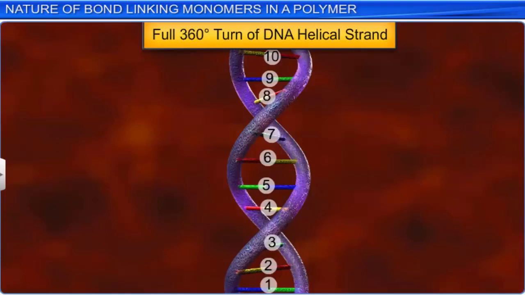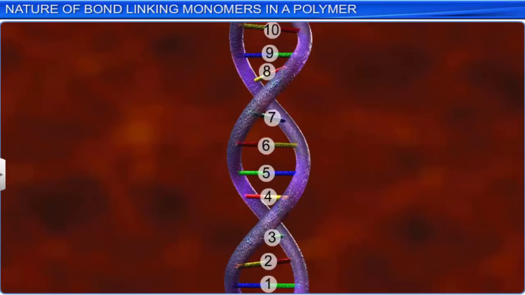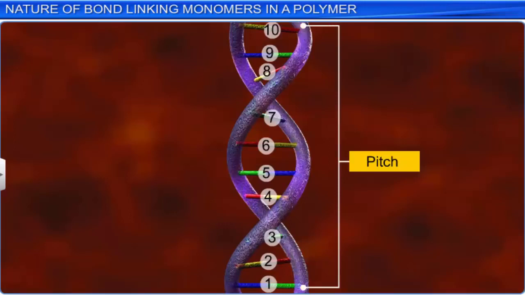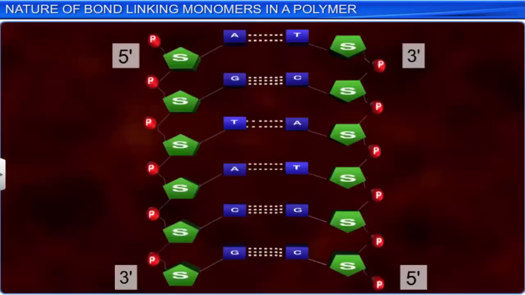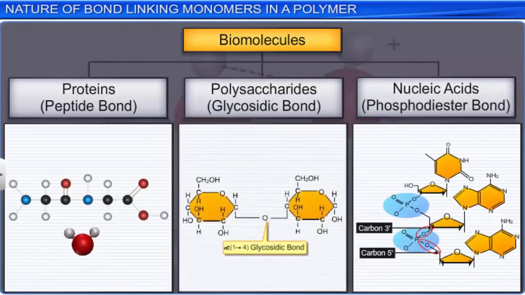The distance along the helix axis corresponding to one turn is known as pitch. In a B-DNA, the pitch is 34 angstroms. The rise per base pair, or the distance between two base pairs, is 3.4 angstroms. The different types of bonds we have studied are crucial as they provide structure and stability to biomolecules and make them functional.